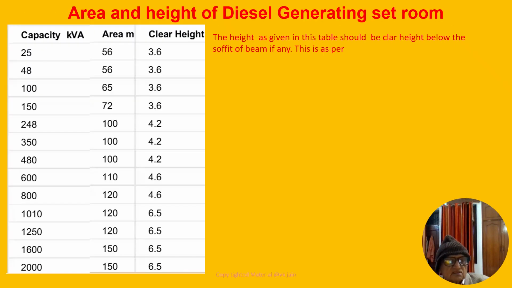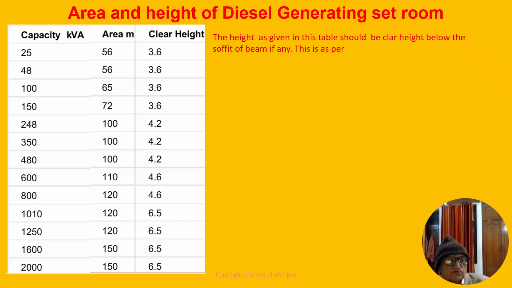Friends, this particular chart shows area and height requirement of diesel generating set room. Diesel generating sets of different capacity from 25 kVA up to 2000.